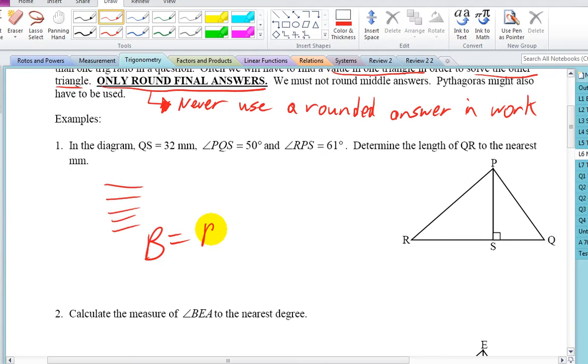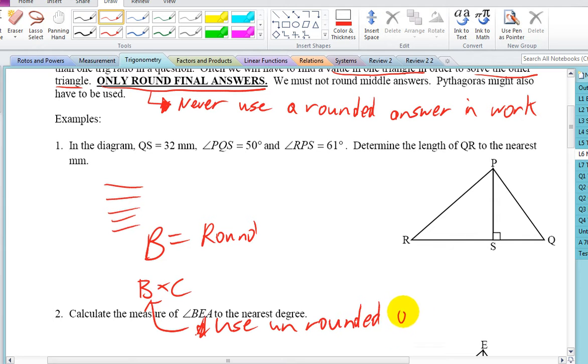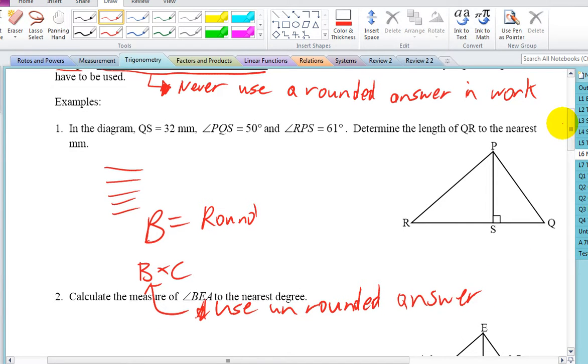And if you round that, then if you go B times C, make sure you use the unrounded answer. So sure, I asked for it, and you have to round it, but never, ever use it. Your answers will be wrong. Rounding is an approximation, and you won't get the right answer if you use that number. So use the correct number, everything.